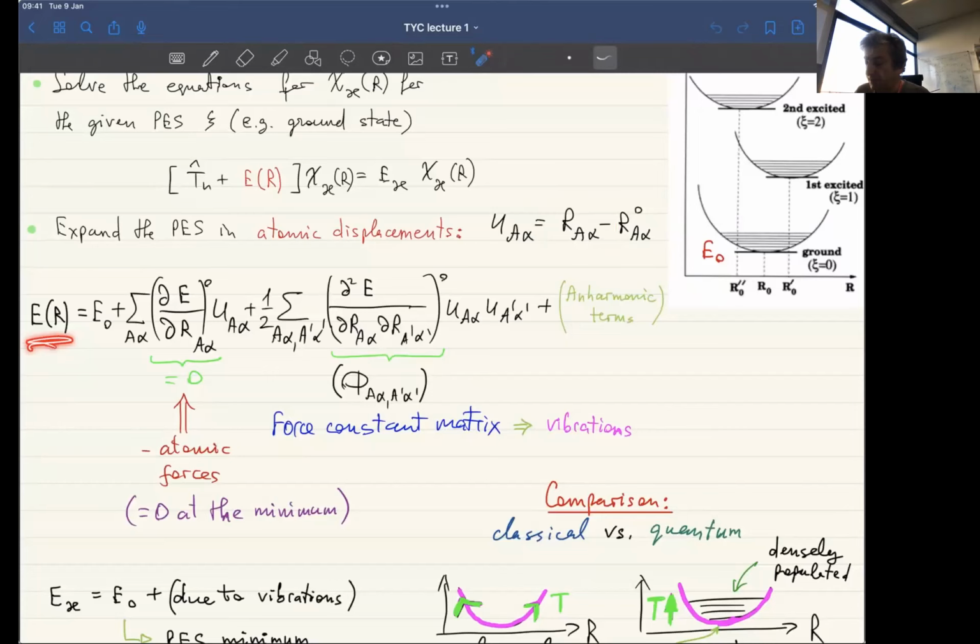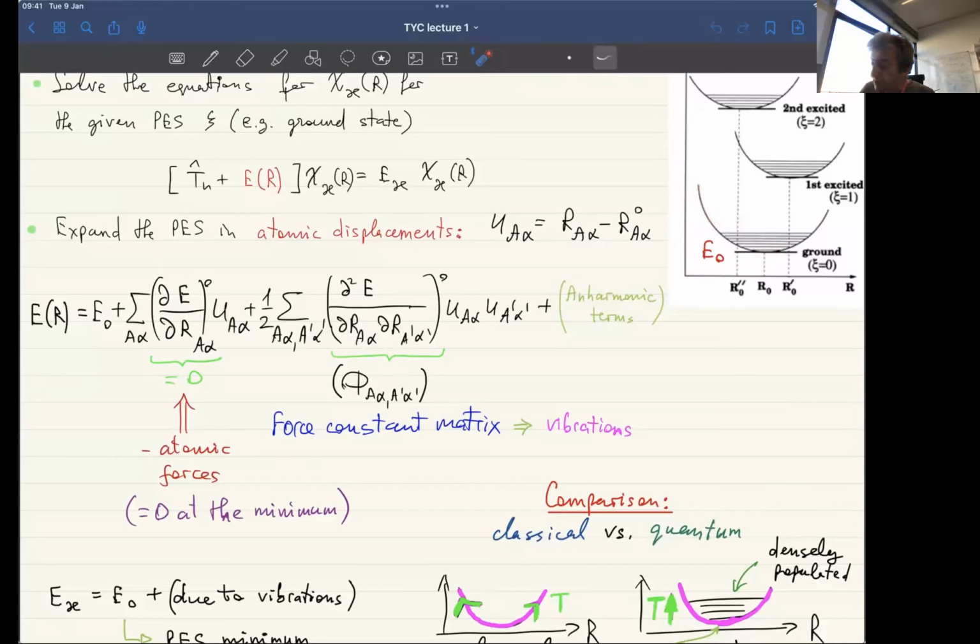Then we can expand the total energy of the system, or the potential energy of the system, that term which serves as the potential energy in the Schrödinger equation for the nuclei. But now I consider this entirely classically. We can expand it in these atomic displacements, and of course there will be a zero, or E naught, term corresponding to zero displacements, or the minimum of these parabolas.